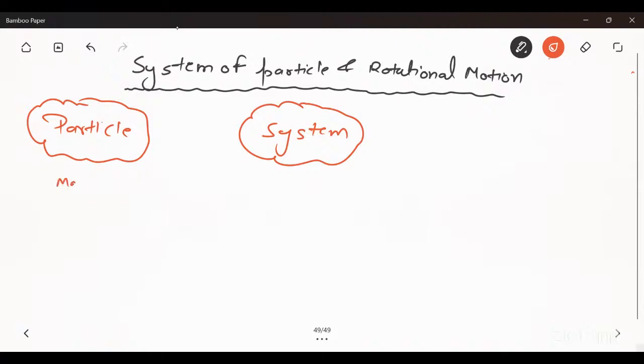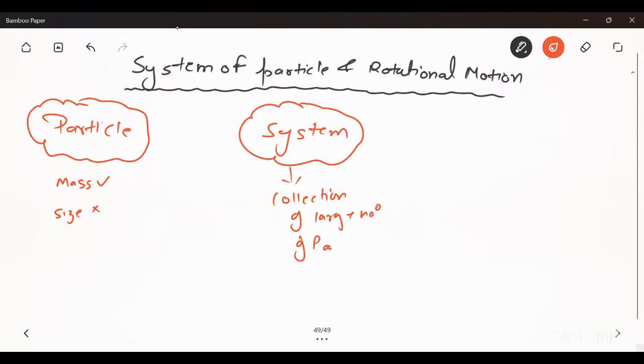So mass will be there, but size is not fixed. The system is a collection of a large number of particles.